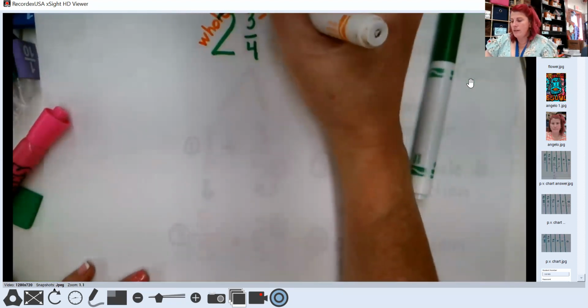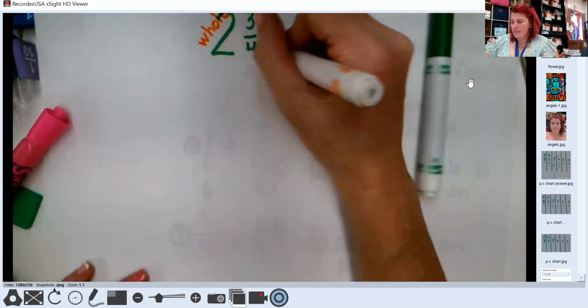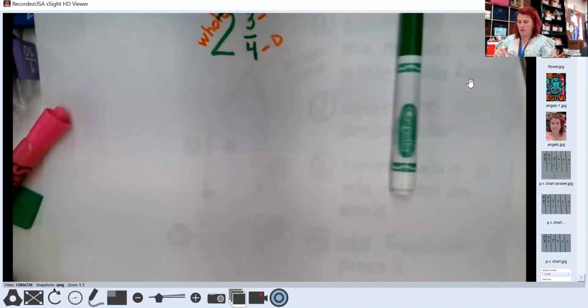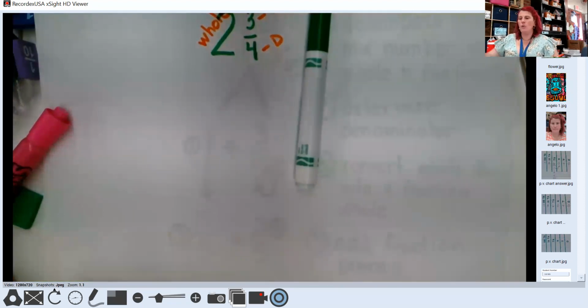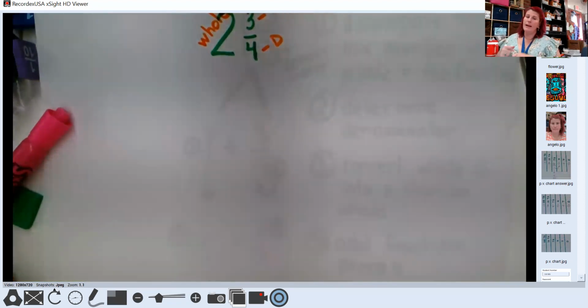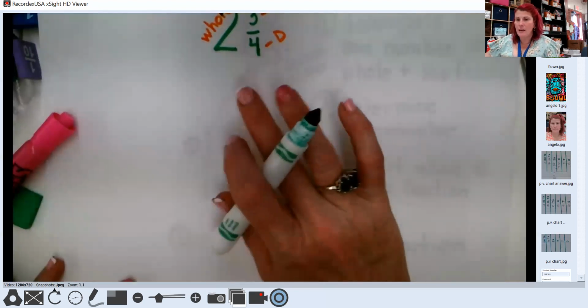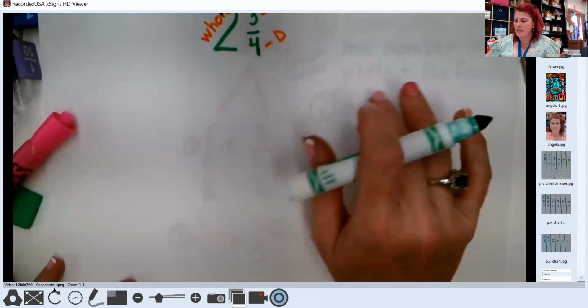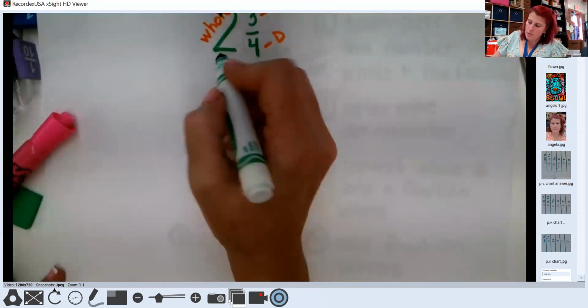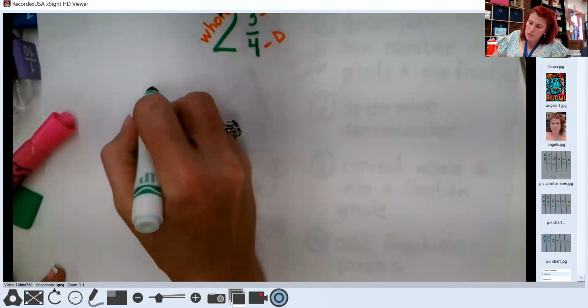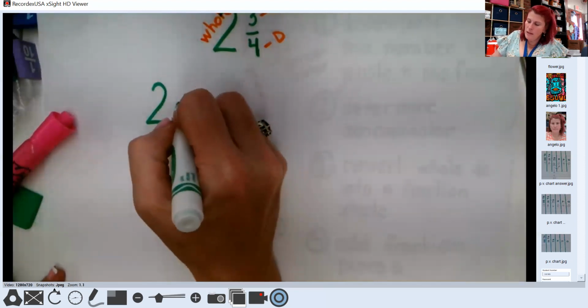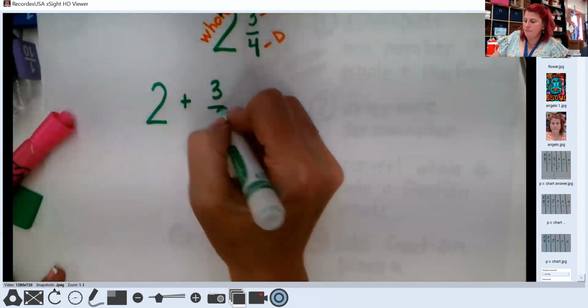My numerator is my 3. And my denominator is my 4. I'm going to go ahead and get that labeled so that I know all my pieces. Now, it said decompose my mixed number into a whole number plus the fraction. So that would be 2 plus 3/4.